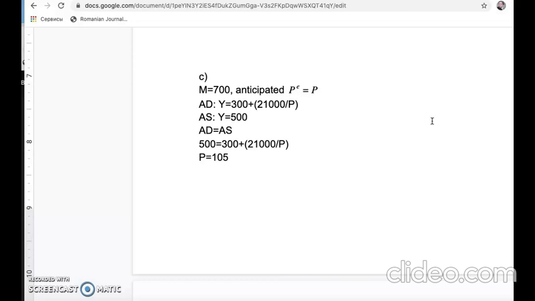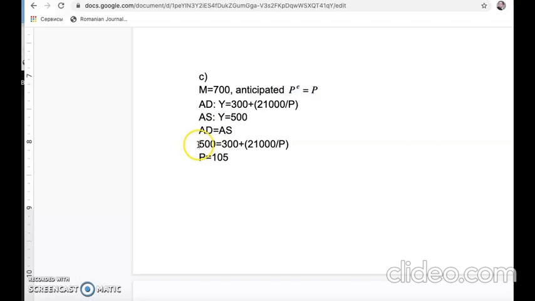So our price equals expected price. Then the AD curve is described by this equation, and the aggregate supply curve will be Y equals 500 because of this condition.